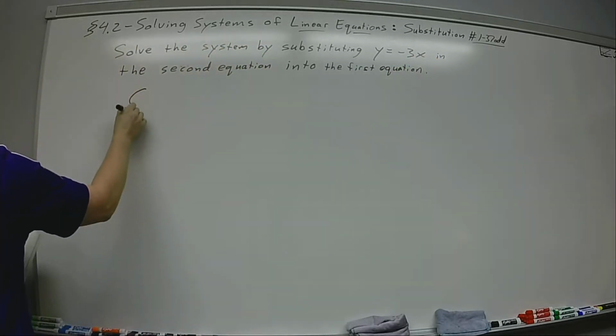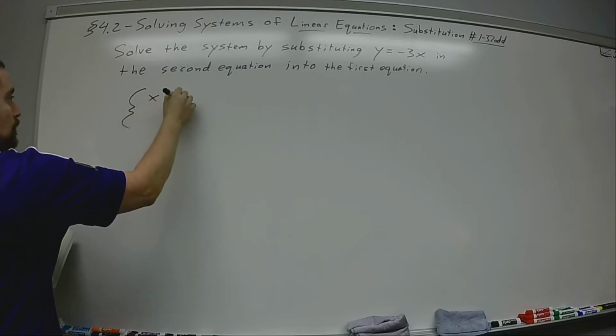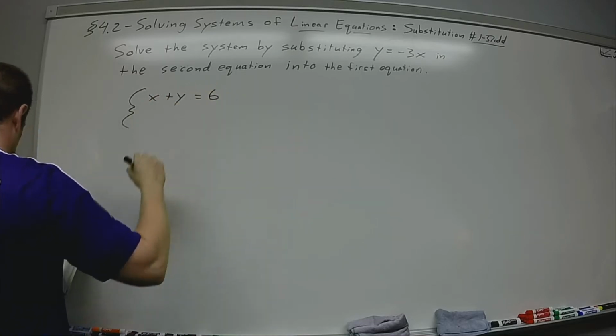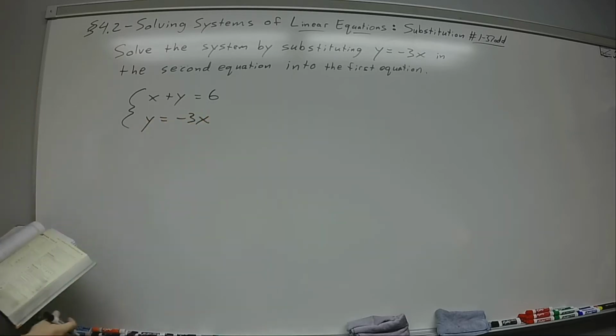Meaning that we're given a system that looks like x plus y is equal to 6, and they tell us y is equal to negative 3x.